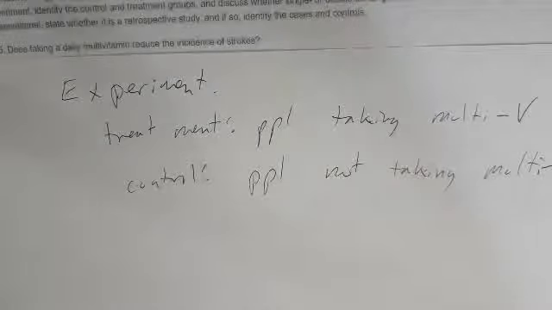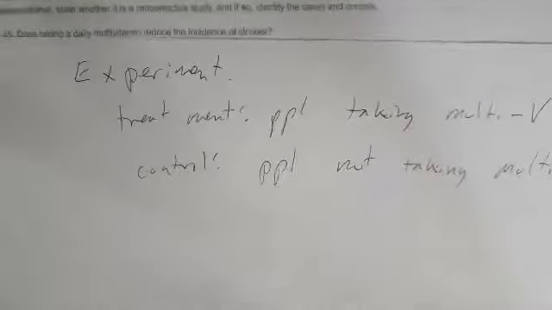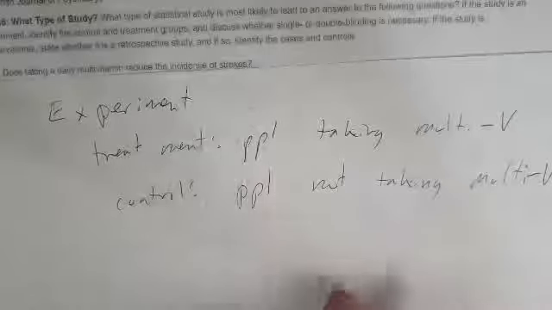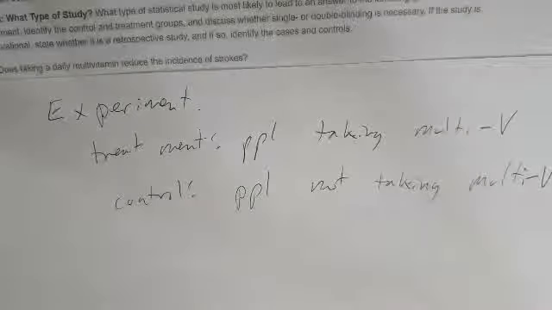So does neither one know that they have an incident of strokes? Neither one of those. That's why they're saying that this one does not need blinding, because you're going to know whether they have a stroke or not. The blinding would be with respect to taking the pill, not to the stroke. Oh, okay. All right, let's go.